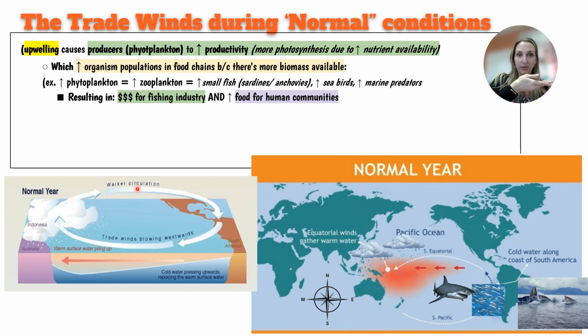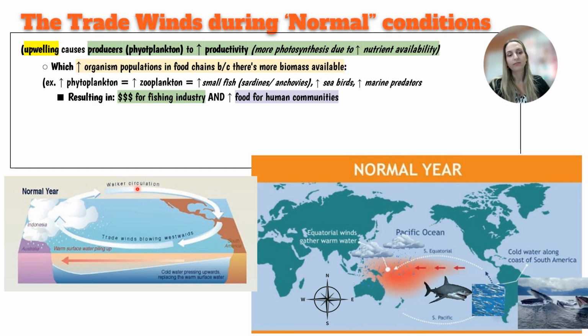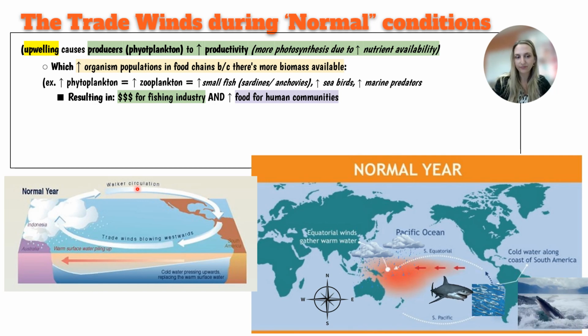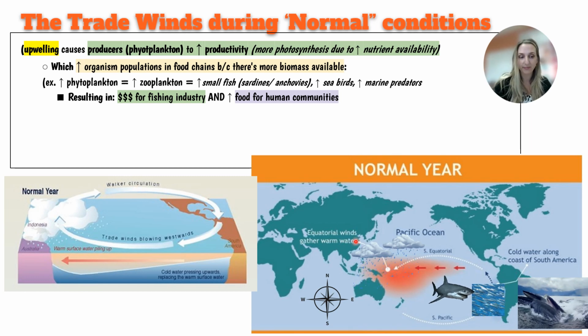So you have job availability. You're going to be making money for your region, and there's going to be food availability for people who live there. We'll also improve the standard of living in the area. It could bring tourist industries because they want to see whales. That would be a good time to do it.